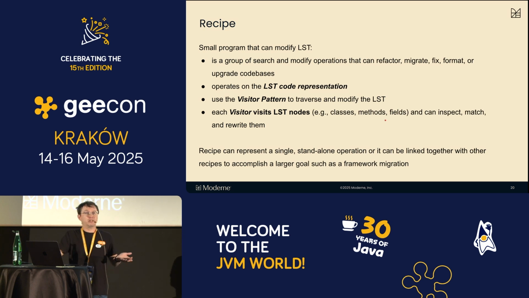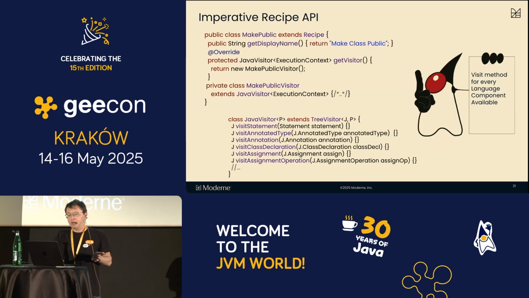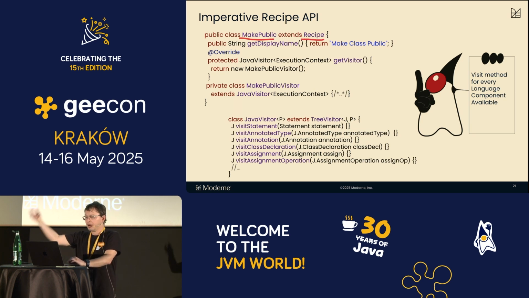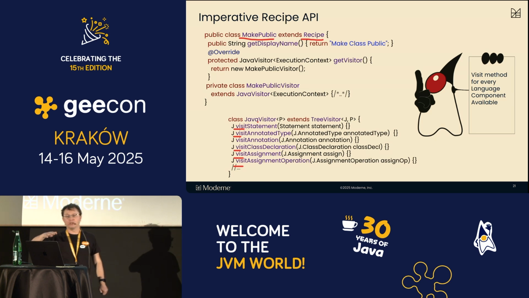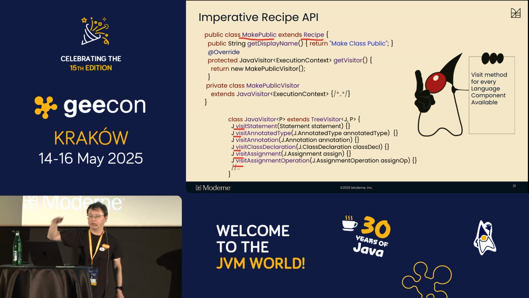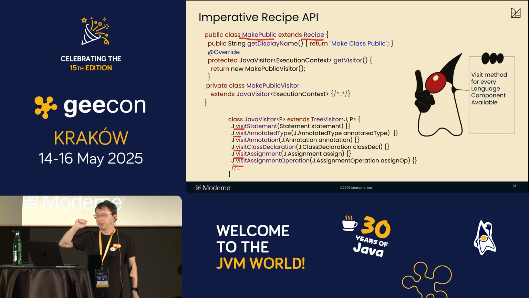What does this visitor method look like? It looks something like this. To write a recipe, you can implement your own recipe by extending our recipe class, and then you can override visit statement, visit annotation, visit class declaration, visit assignment, and all data structure constructions that you have in your LST model.